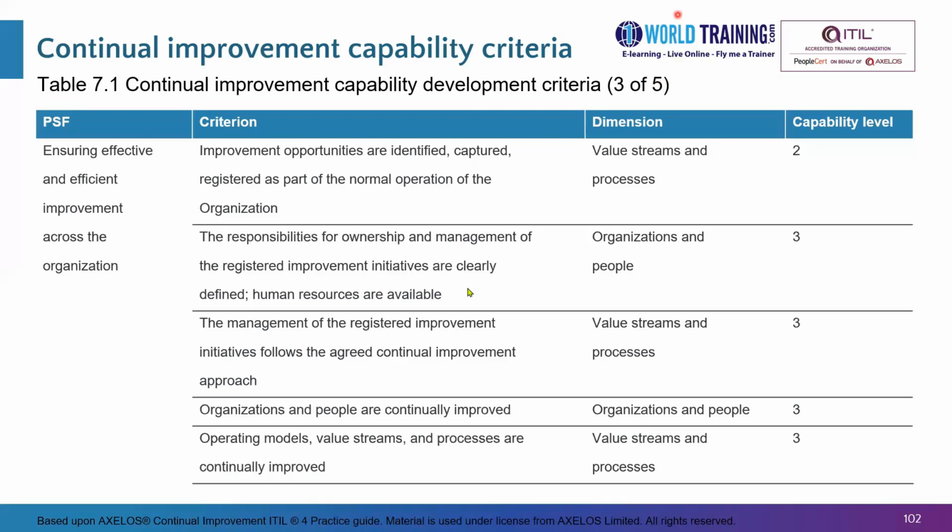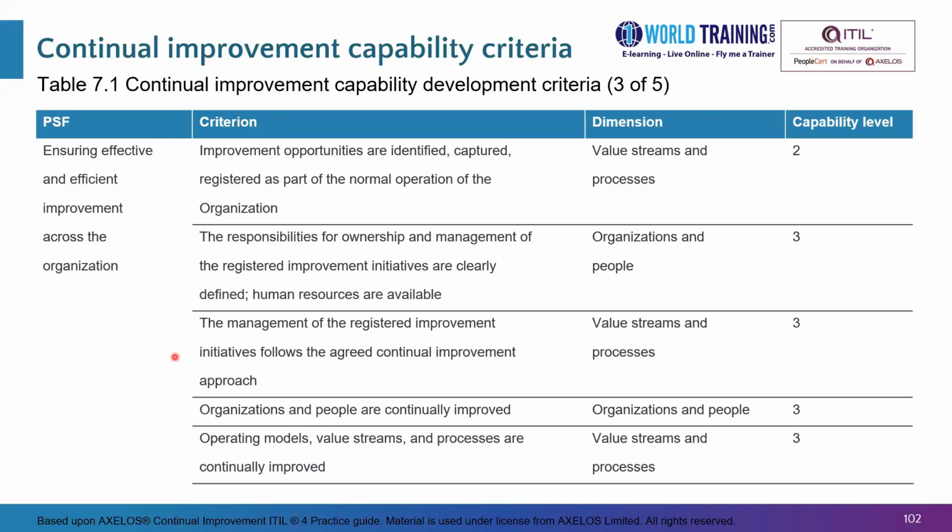Then the next PSF is to ensure effective and efficient improvement across the organization. Here the criteria are as follows: that the improvement opportunities are identified, captured, and registered as part of the normal operation of the organization. Note that this is not about the approach, but it is about the actual ensuring of the efficient and effective improvement across the organization. Another criterion that we have is that the responsibilities for ownership and management of the improvement initiatives are clearly defined and the human resources are available.